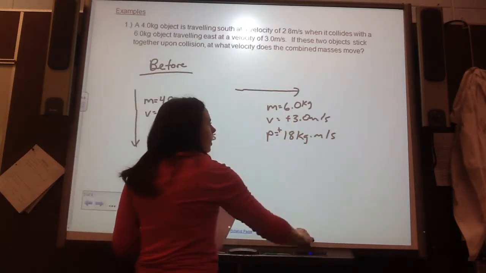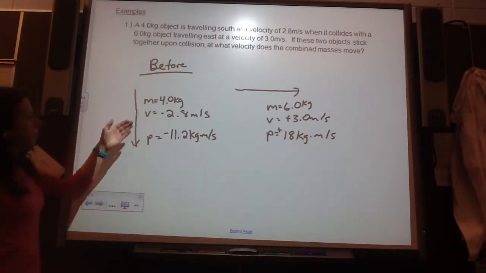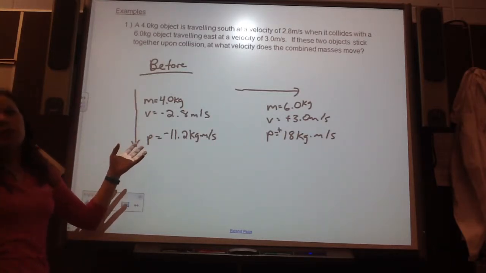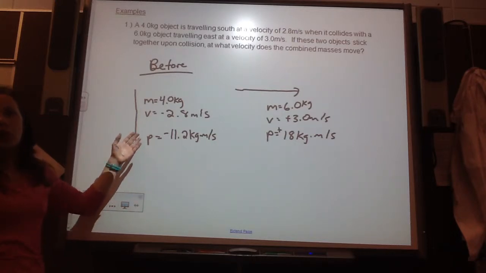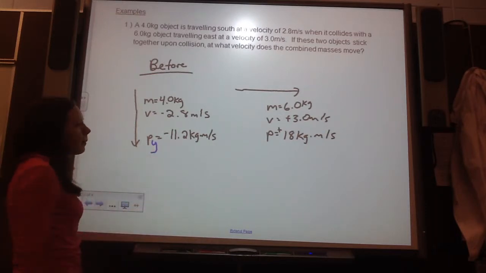Okay, so now let's think about our P and our Px and Py. So this vector just represents Py, right? There's no x coordinate here, so this is Py.